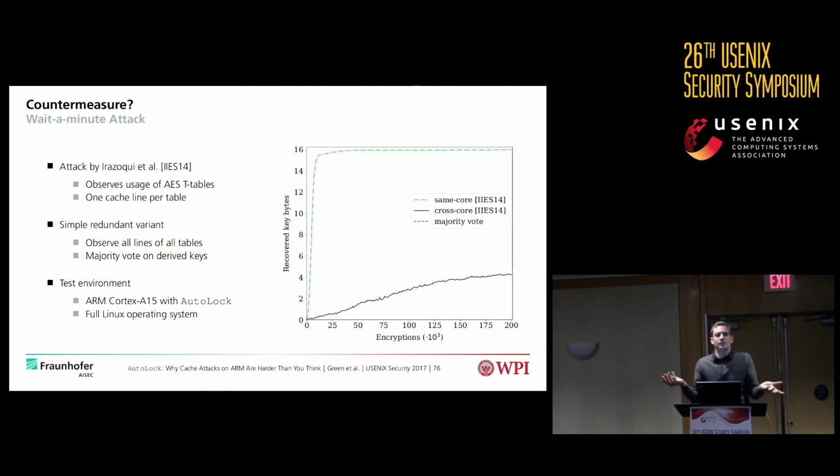One of those lines we were observing in the original attack might just have not been affected by AutoLock. So in the cross-core scenario, this way we cannot do an attack.